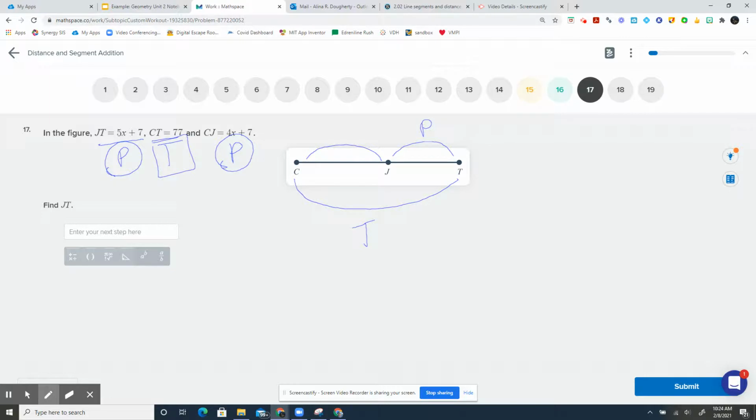So be careful here when you're setting up and writing your equation. But it looks like it's just one part. So once you set up the equation and solve it, make sure you substitute back in for JT because I want to know this length, not just x. Right? So this is just one step. You got to find JT. So make sure you substitute and answer the question being asked. That's another way lots of people make mistakes on these kind of questions.